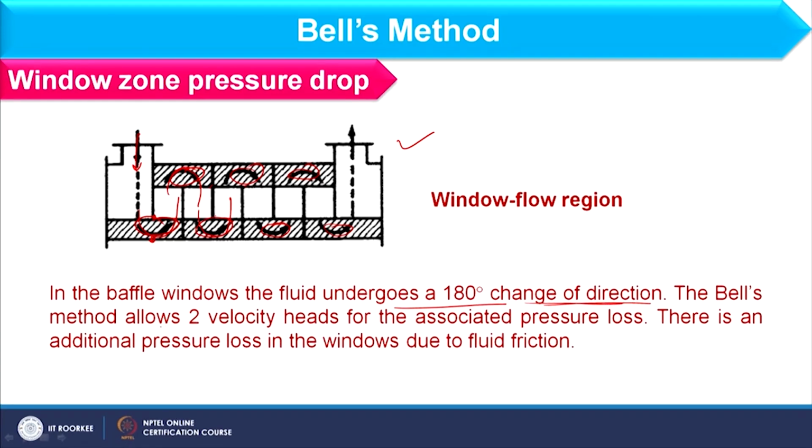Bell's method allows two velocity heads for the associated pressure loss when the fluid is moving at a 180-degree direction change. There is an additional pressure loss in the window due to fluid friction. In this way we consider the pressure drop in the window zone, and now we will see the empirical correlation to find the pressure drop in the window zone, which should be corrected by the leakage correction factor FL dash.